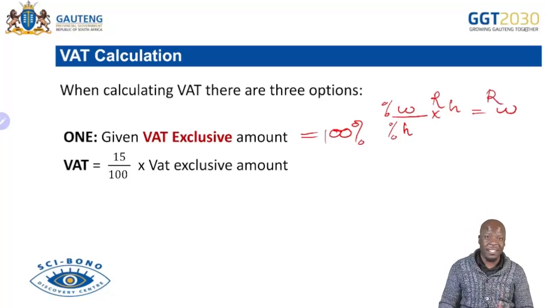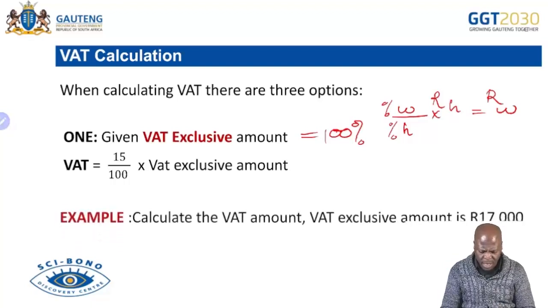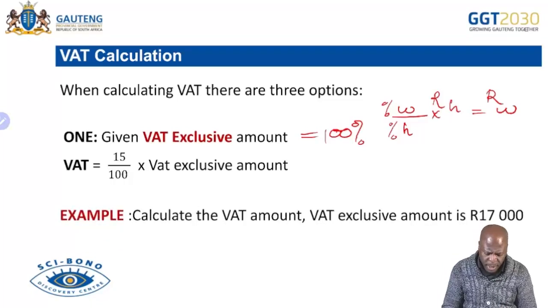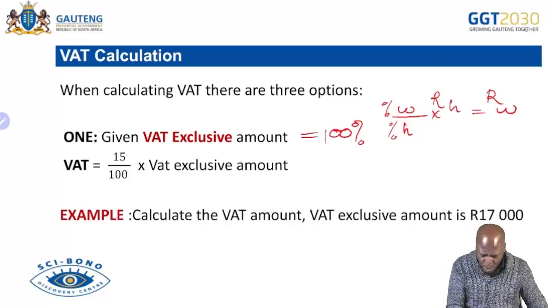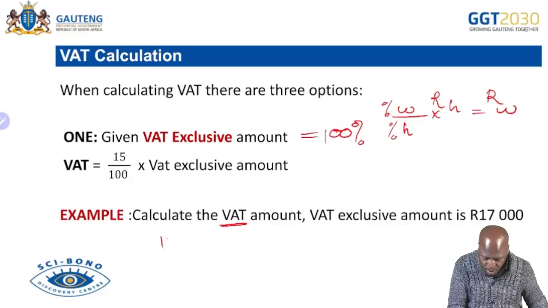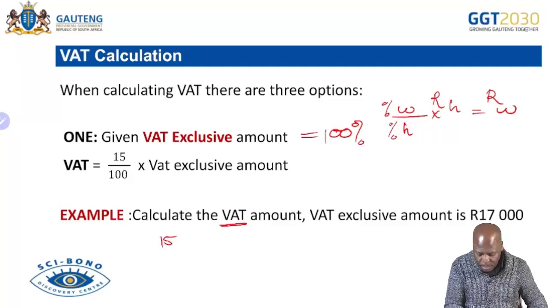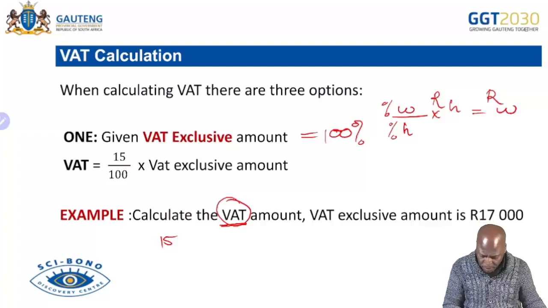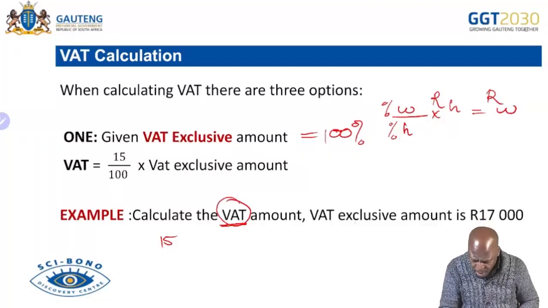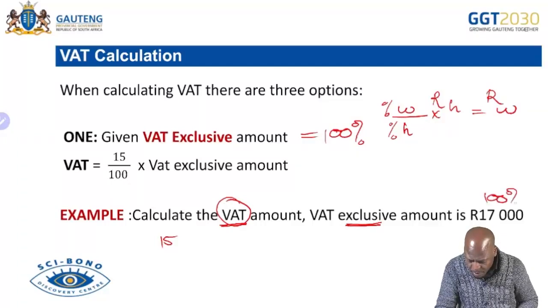Very important. Let's see how this can come out if we're given figures. It says, calculate the VAT amount. So they want the VAT. Already I know what I want is 15, because VAT is 15. What am I given? VAT exclusive. And I know that my exclusive is 100%.